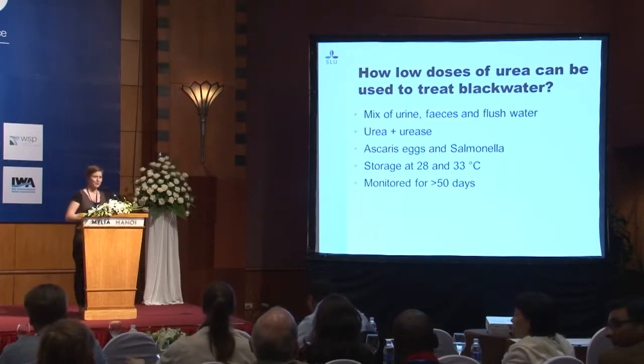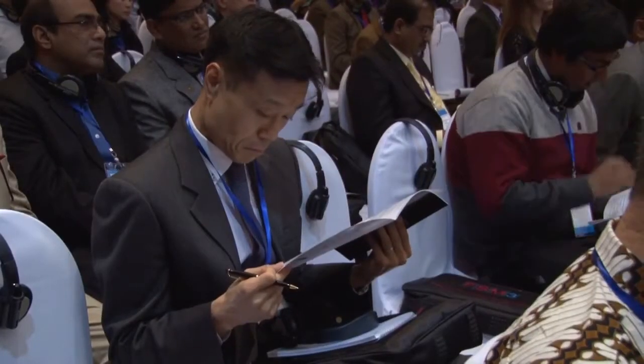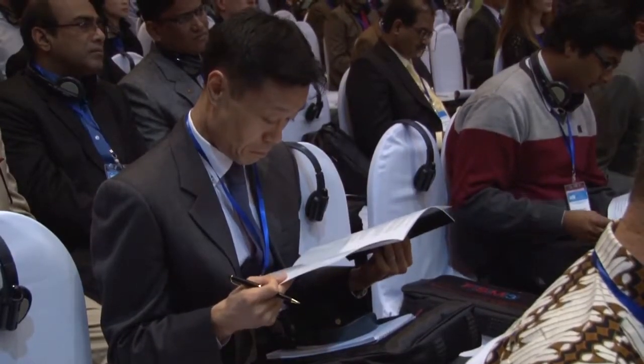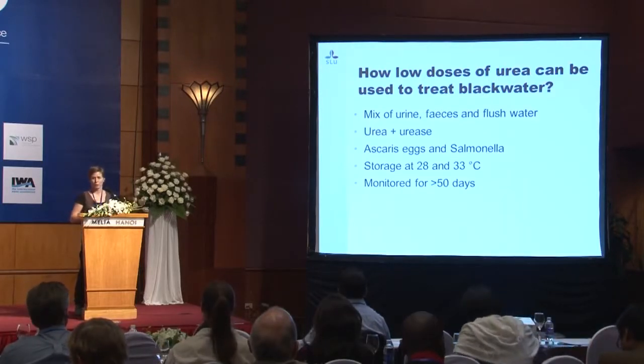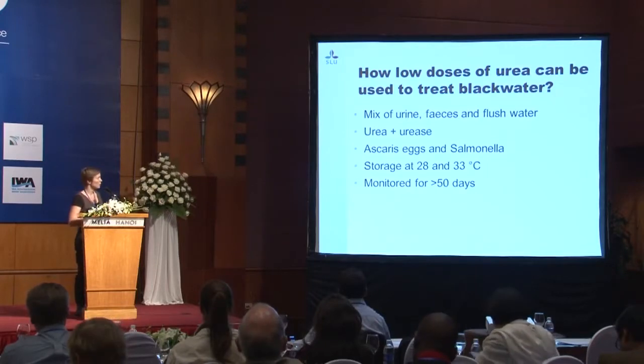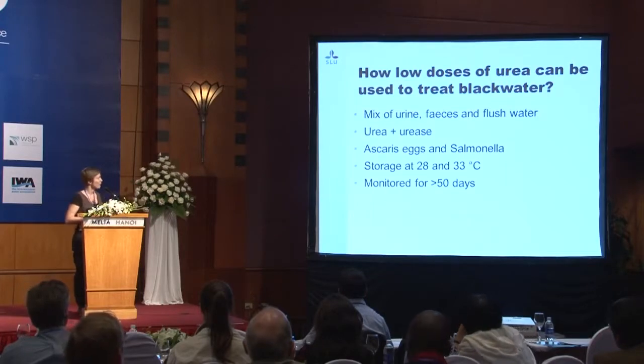The aim of this study was to investigate how low the urea dose could be to inactivate pathogens and treat black water. In this presentation, black water represents a mix of urine and feces mixed with flush water, at 15 liters per day per person.